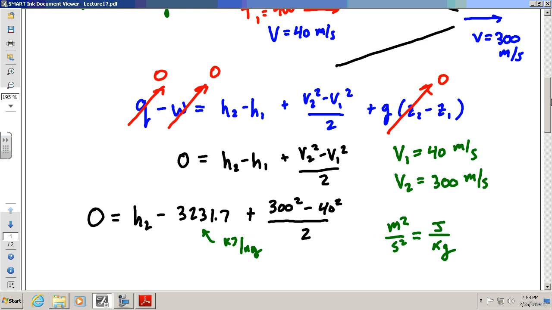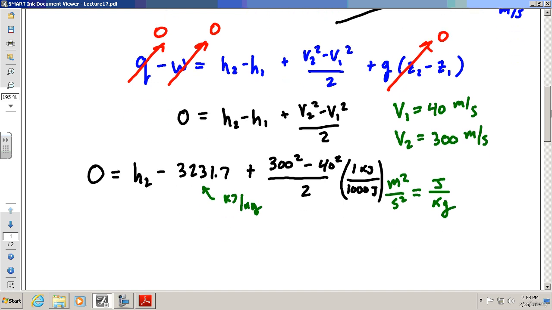So what we have to do is multiply that kinetic energy because 1 kilojoule is 1,000 joules. So you basically have to divide by 1,000 of that second term there. That's what you got to do. If you don't do that, you're going to get the wrong answer.